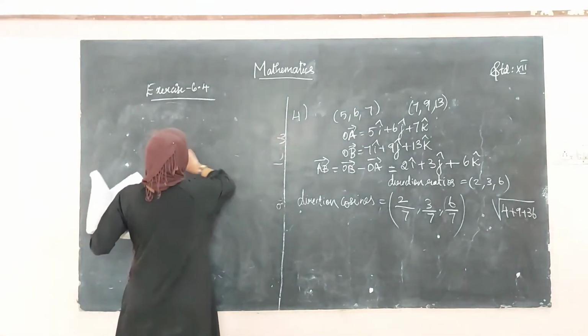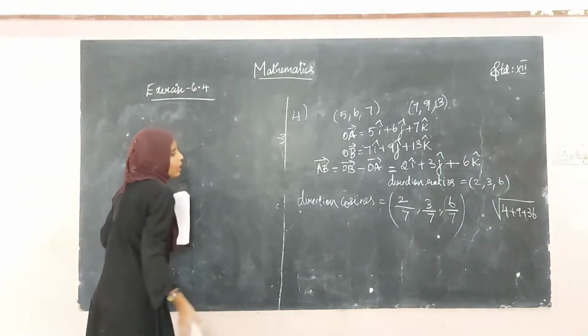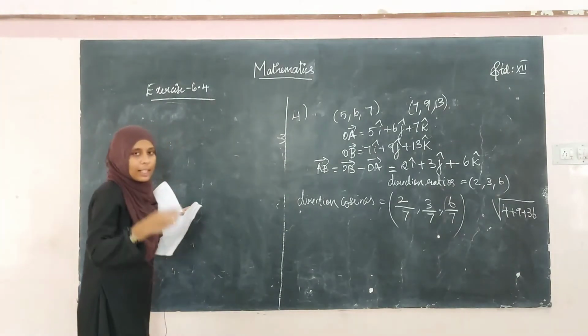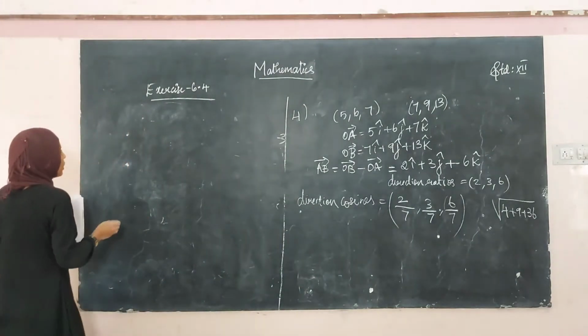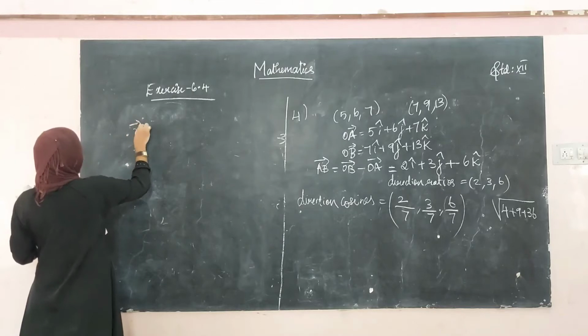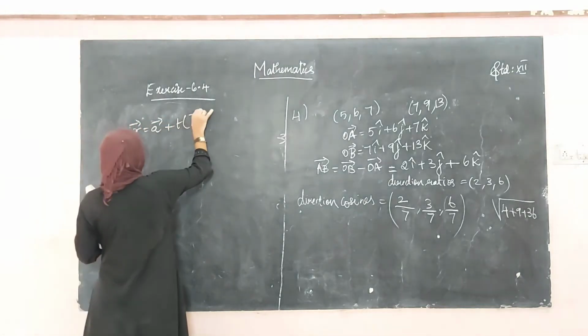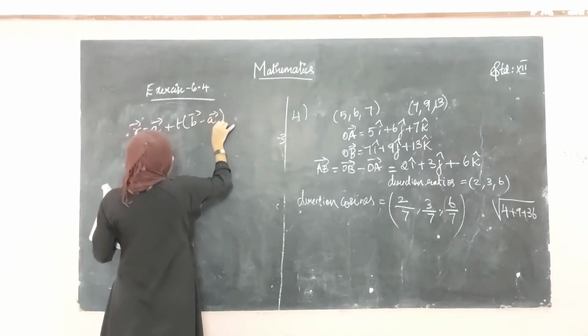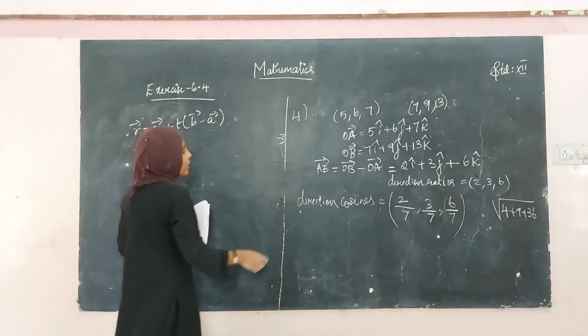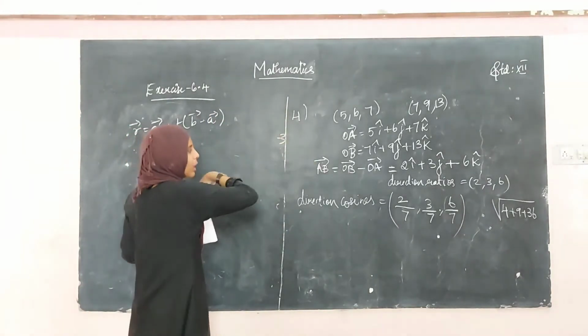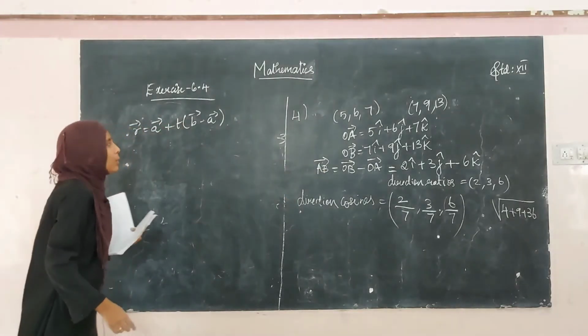So the parametric form of vector equation when the line is passing through the 2 points will be in the format r vector is equal to a vector plus t into b vector minus a vector. What is b vector minus a vector? It means OB vector minus OA vector, that is 2 i cap plus that vector, right?